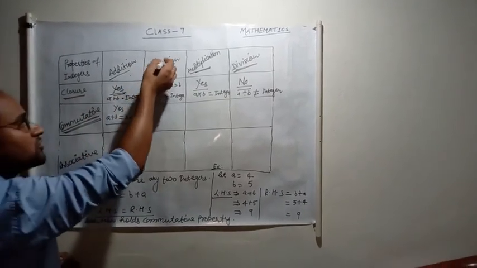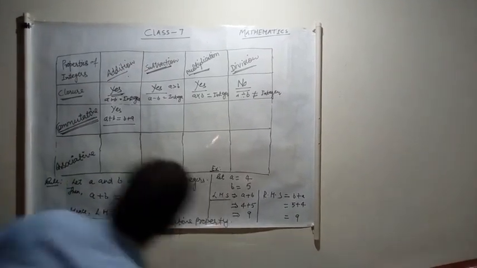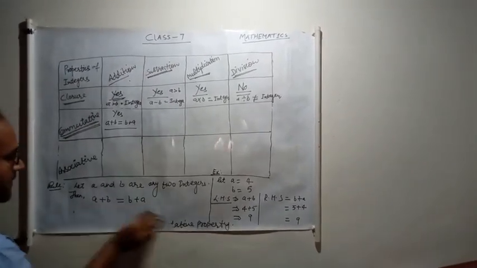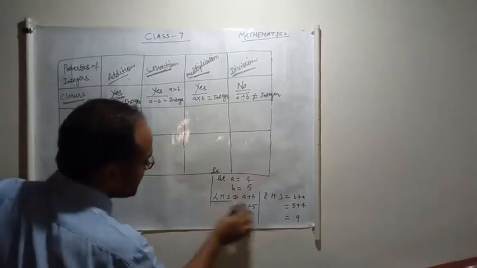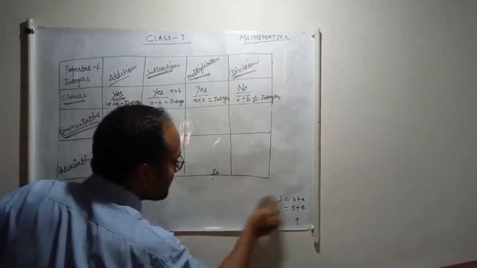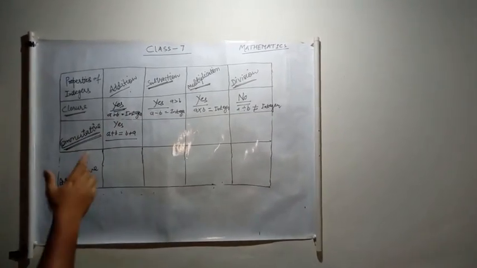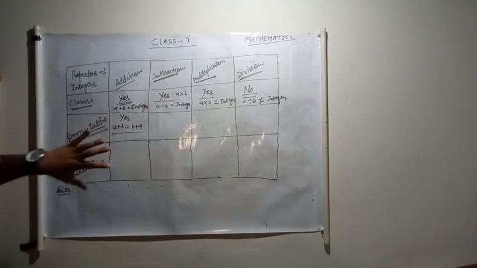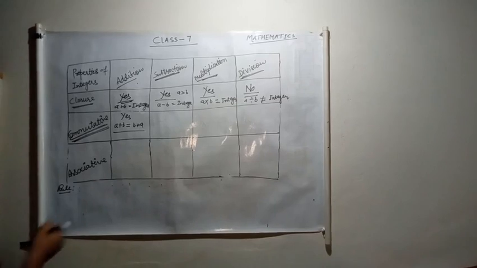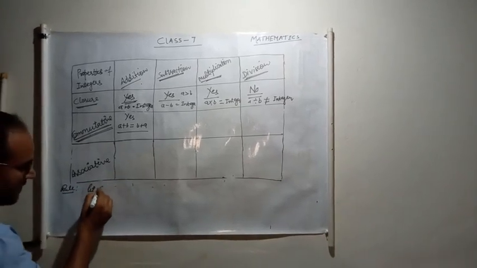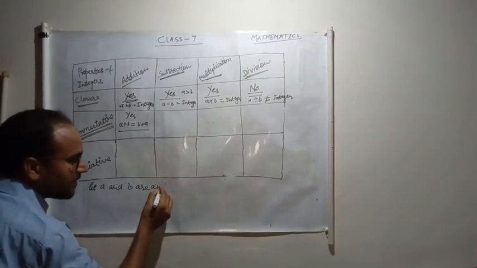Now we are going to talk about subtraction. So I am going to erase this one. For subtraction, will it hold or not? We are going to check this. Listen students, the rule is: let A and B be any two integers.